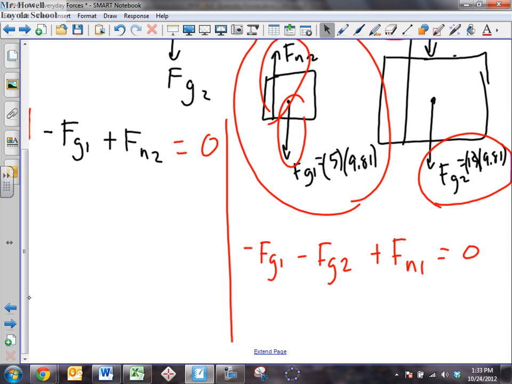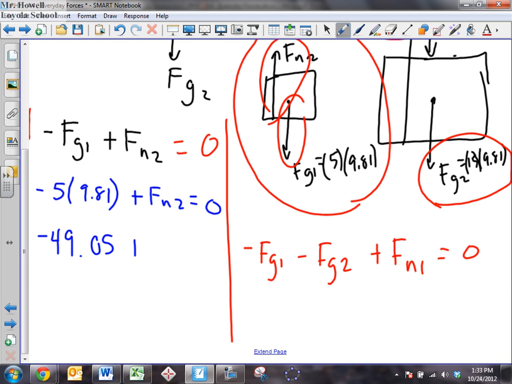On the left-hand side, if I want to know what the weight of the upper object is, I take its mass times 9.81. So let's go ahead and do that. 49.05. So if I were to move it over, what does it become?